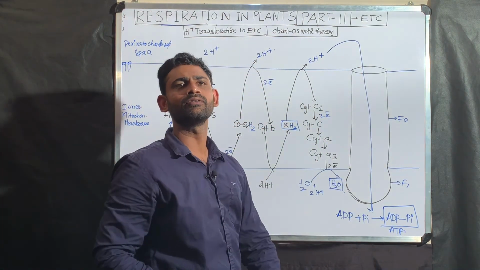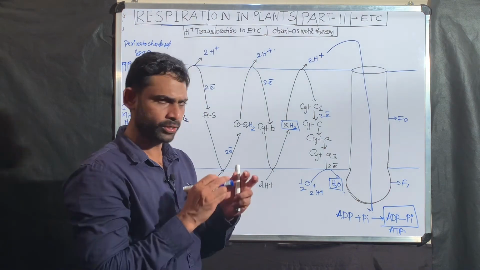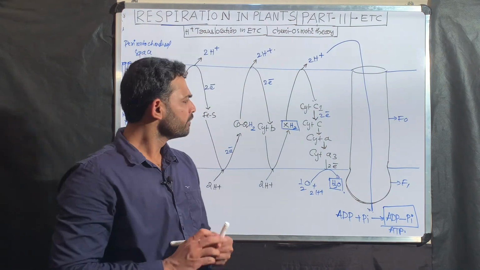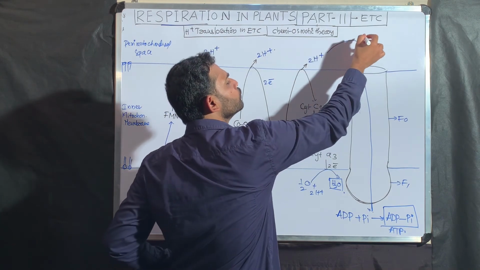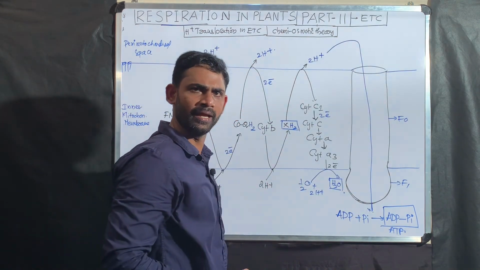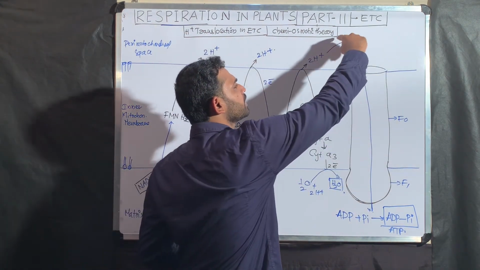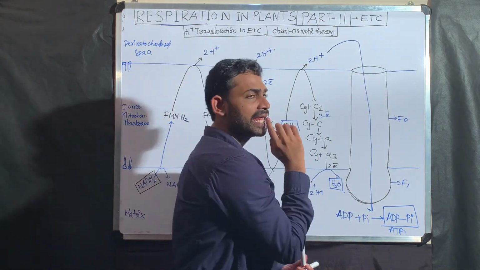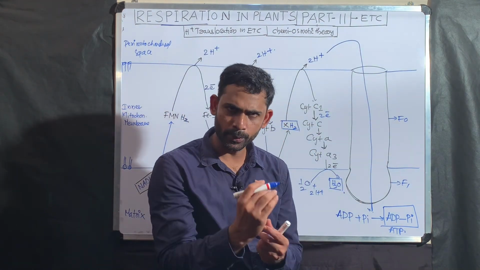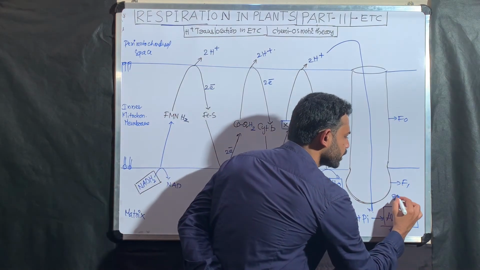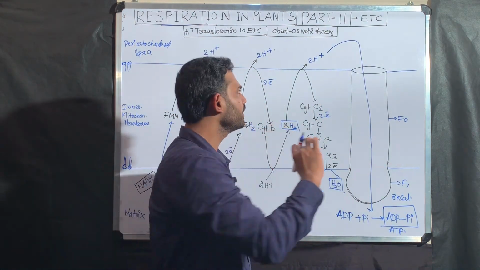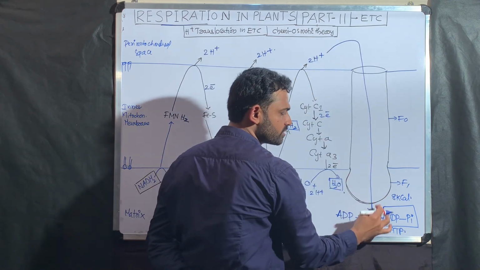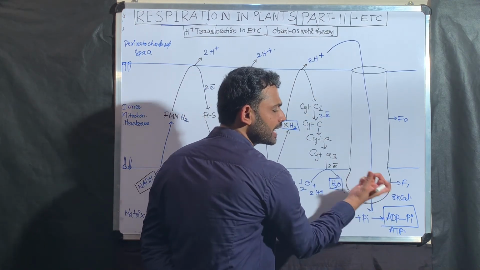Okay, you understood the basic concept. Here the important thing is, for example, if two protons are moving through this, there is a generation of approximately 8 kilocalories of energy, this rotational kinetic energy.